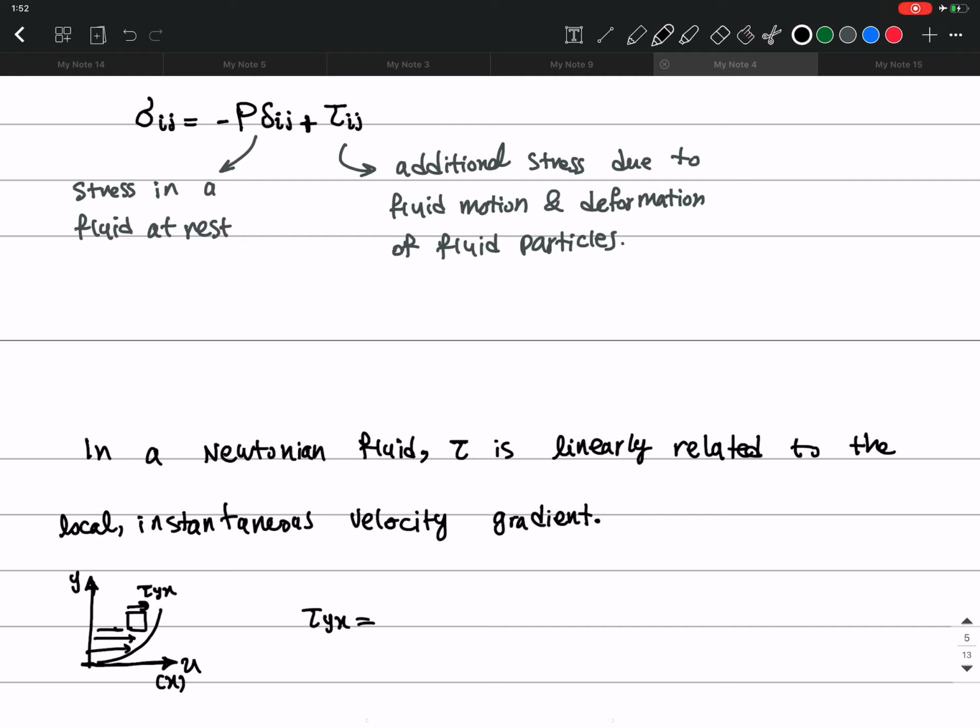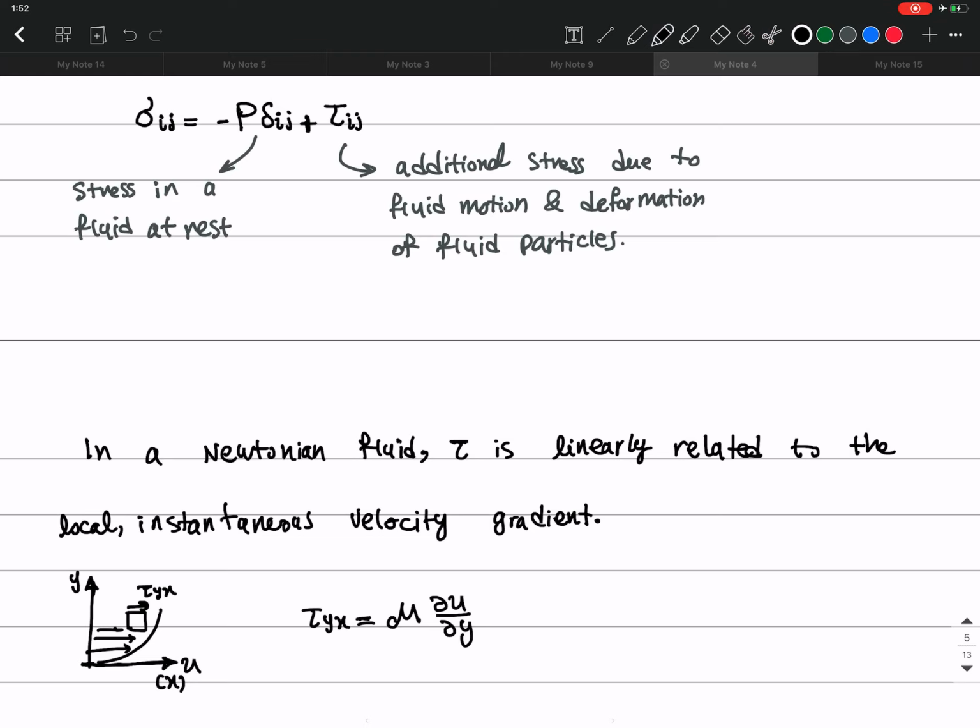Based on the Newtonian formula, that is going to be mu partial u partial y, right? So this is for a Newtonian fluid, and this is what we know from the past.